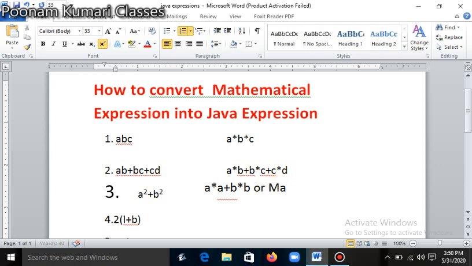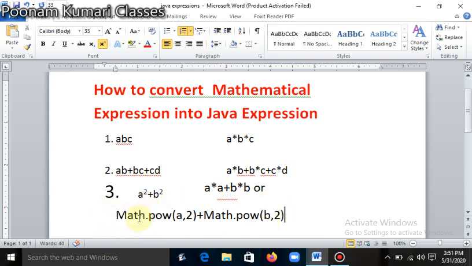We will use math.pow, then in brackets we will write a comma 2, meaning a is power 2, then plus math.pow b comma 2. So you can use any method. You can use the simple one, a into a plus b into b, or you can use math.pow a comma 2 plus math.pow b comma 2 also.